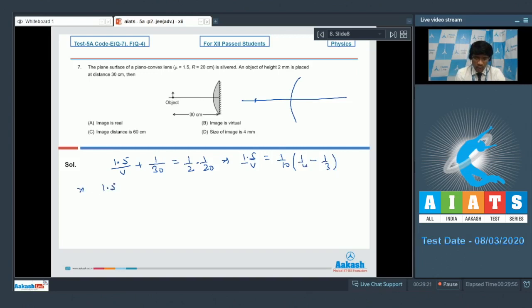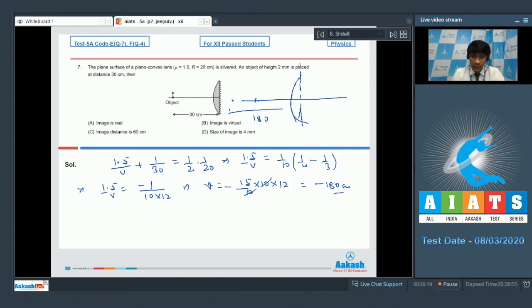Or 1.5 by v would be equal to minus 1 divided by 10 into 12, or v is coming out to be 15 divided by 10 into 12 with negative sign. This will cancel out and it is coming out to be minus 180 centimeter. That means after the first refraction, the image would be formed at minus 180 centimeters.